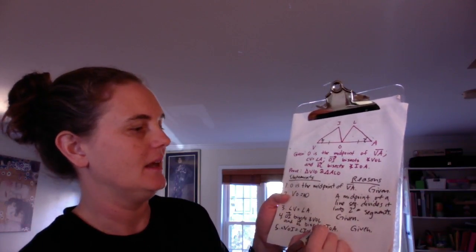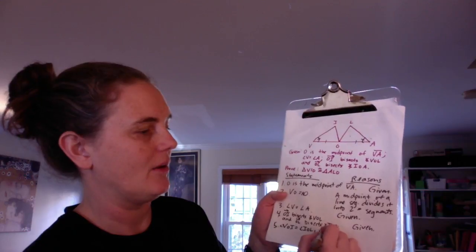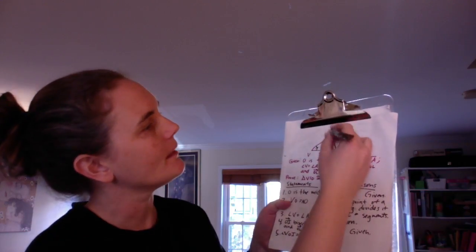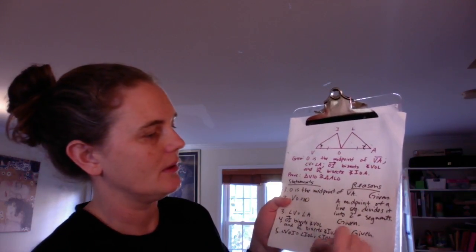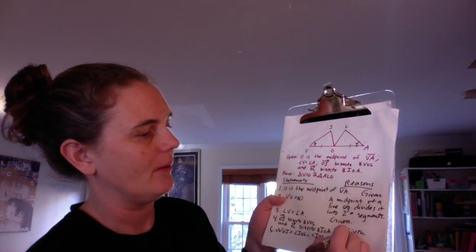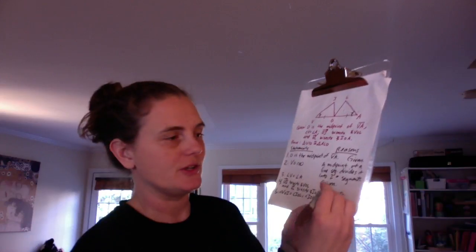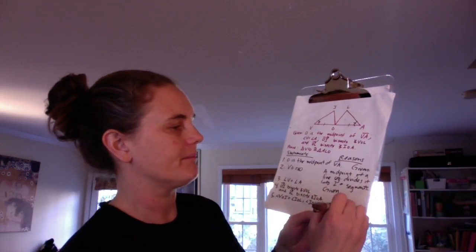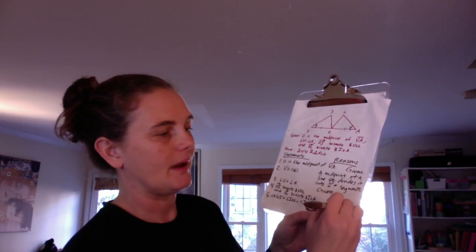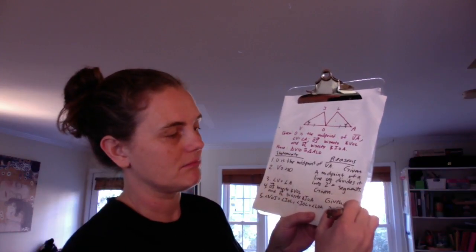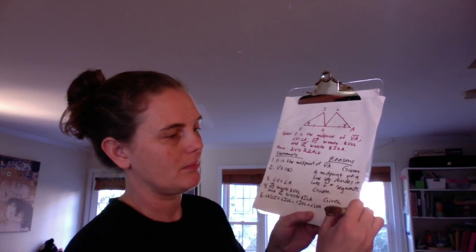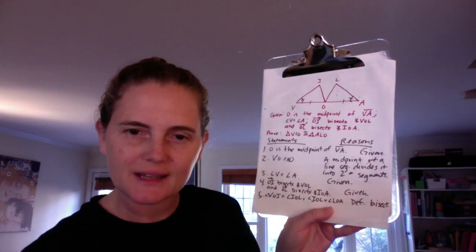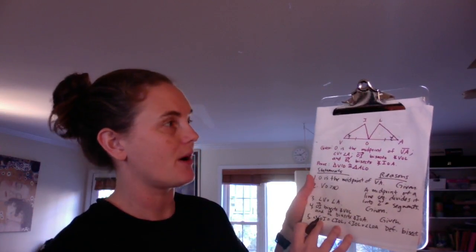That means that angle IOL is equal to LOA. And once again, that's the definition of bisection. Okay. Now, let me go ahead and mark up here what we have.